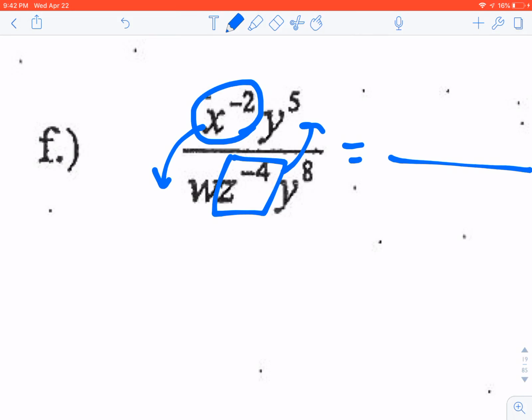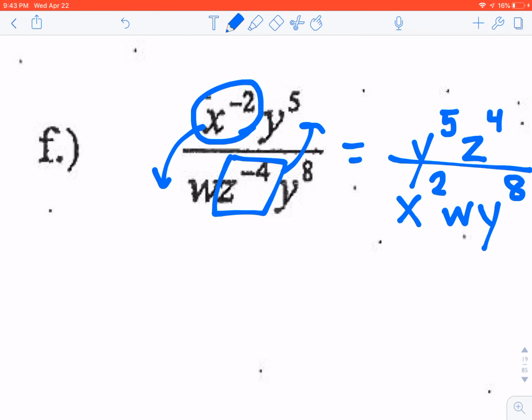Notice that I'm drawing circles and arrows so that we can move them. Our y to the 5th was already there. That z to the 4th moves to the top. On the bottom, that x to the negative 2nd moved down, but you still have a w and a y to the 8th there.